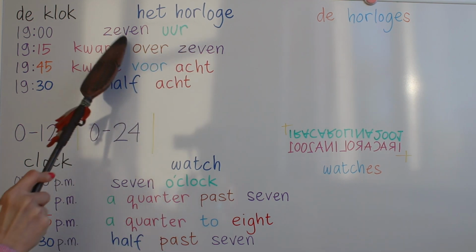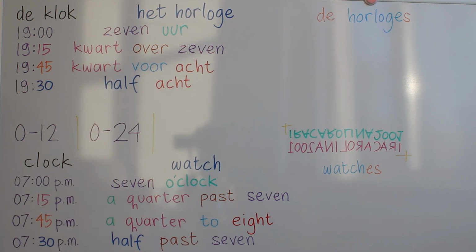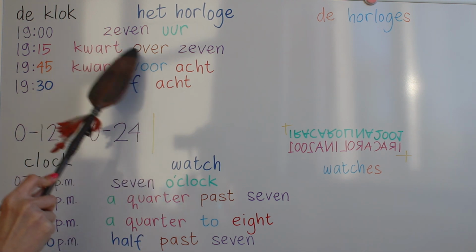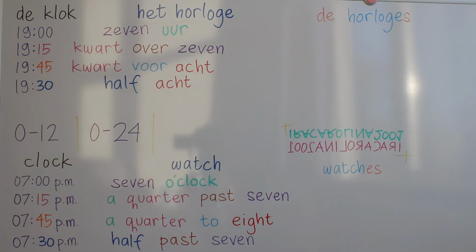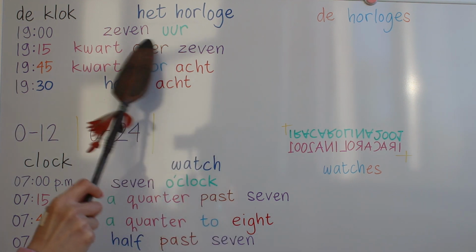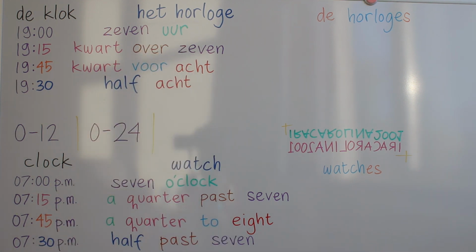Sometimes my V is not bold, sometimes it sounds like an F, but it should be a V. 7 uur. 7 o'clock. Uur is o'clock or also hour.